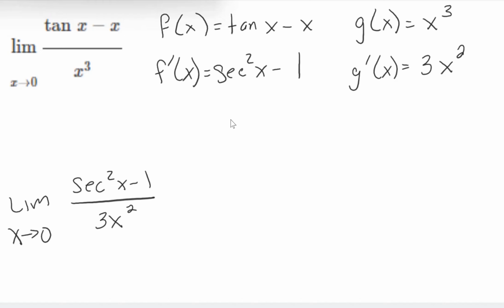If you plug in 0 to secant squared x, you get 1. So 1 minus 1 is 0 over 0. So it is still in the indeterminate form. So you have to do your derivative again, because there's no simplifying that.